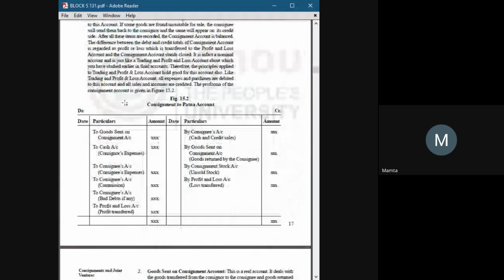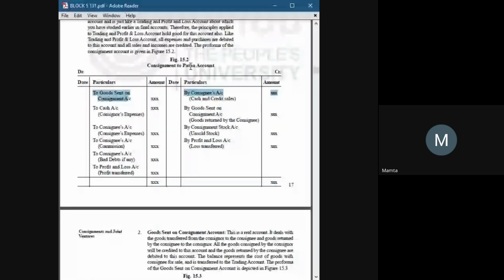Here we have the proforma for the consignment account.